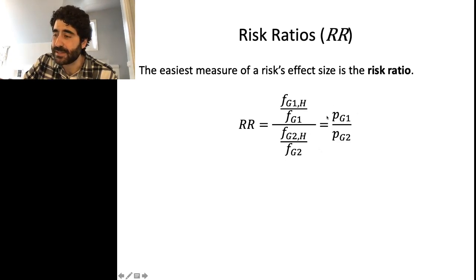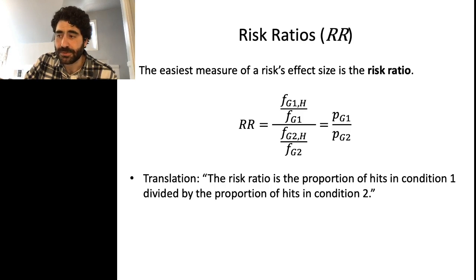You could also think about this as what proportion of people in group 1 are having this bad outcome versus the proportion of people in group 2 that are having this bad outcome. So the translation here is that we're looking at a ratio of risks. When we say risk ratio, we're asking what's the probability of risk in one group compared to the probability of risk in another group.